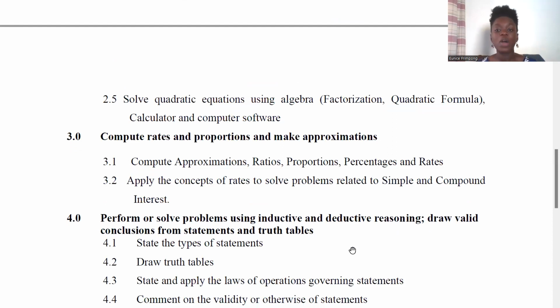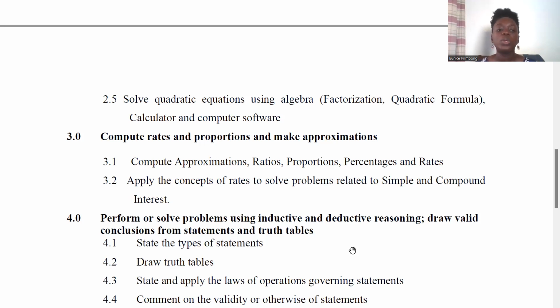We will also consider quadratic equations, that is equations that have a degree of 2, using various methods, like factorization, quadratic formula, and other methods that we may look at. We will try and explore the use of a calculator to solve quadratic equations.